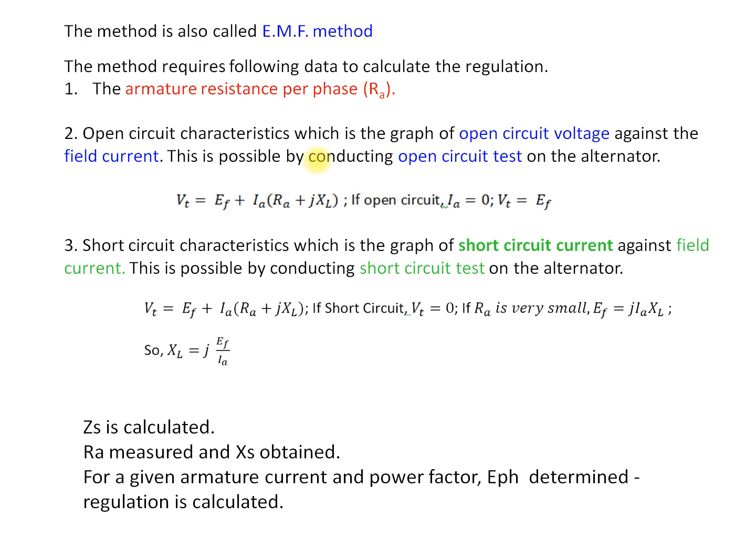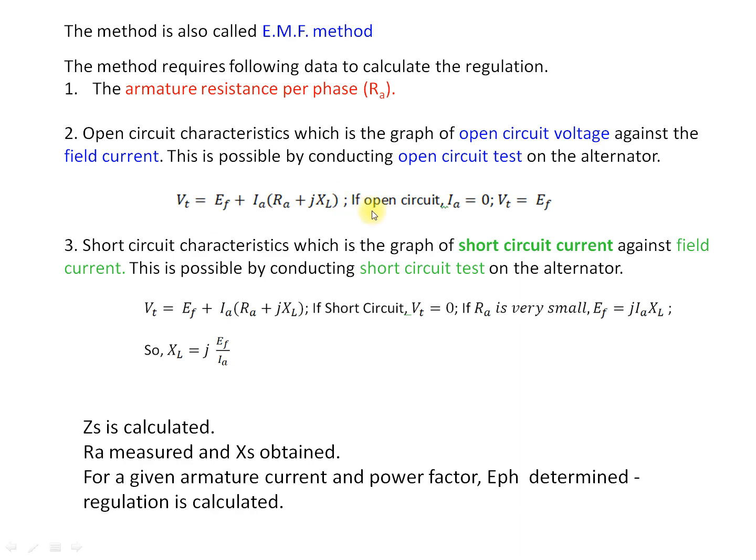So what will happen when you do this open circuit characteristics? We know the output voltage equation of a generator is VT, that is the terminal voltage, equal to EF, that is the generated voltage, plus IA RA plus jXL. Here RA is the armature resistance and XL is the armature leakage reactance.